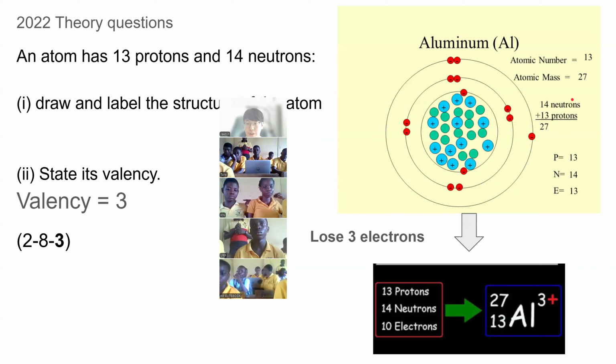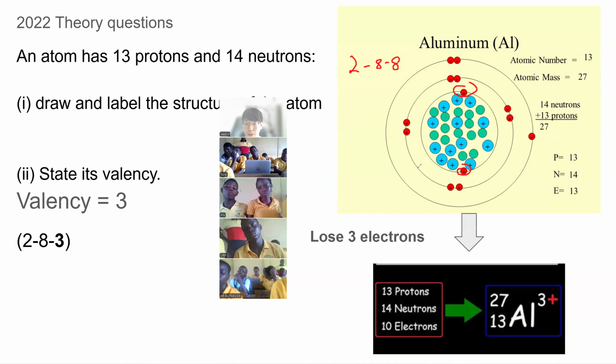So, because aluminum has 13 electrons, we fill up the first shell with 2, since it has the 2-8-8 structure again. We have 2 over here, and the first one is filled.